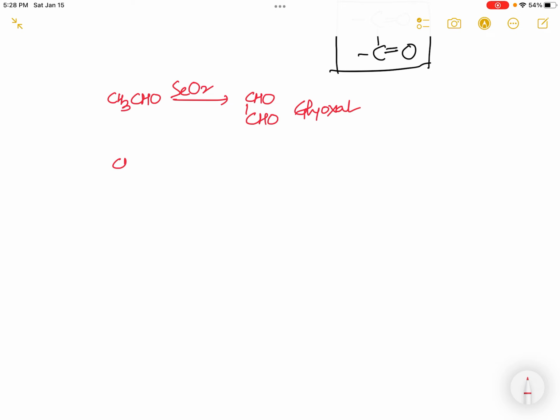If you have a ketone, CH3-C=O-CH3, when you use selenium dioxide, it gives you CH3-C=O, and this is converted to an aldehyde: methyl glyoxal. This is the methyl part.